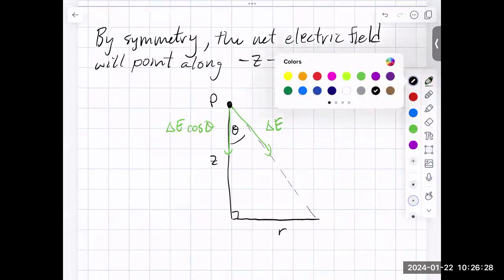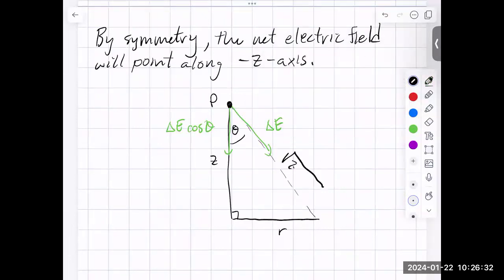The hypotenuse has a length of the square root of z squared plus r squared. And so cos theta is the adjacent side divided by the hypotenuse, z over the square root of z squared plus r squared. If you look back at our notes from last week, we had this exact same expression for cos theta when we were doing the line of charge.